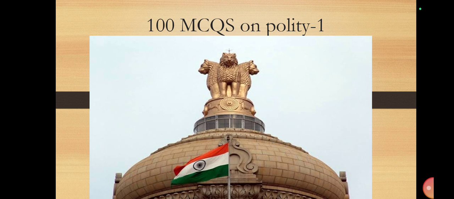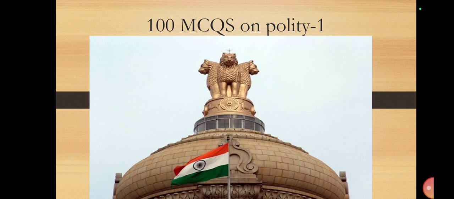In order to facilitate this consultation process, the amendment provided for the establishment of the GST Council. The amendment inserted a new Article 279A in the Constitution. This article empowered the President to constitute the GST Council by an order. Accordingly, the President issued the order in 2016 and constituted the council.